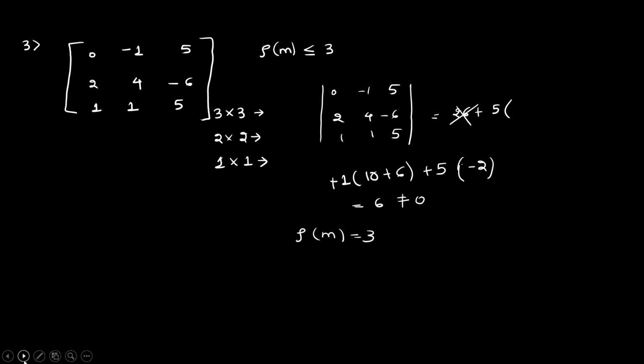Okay, so let's take the next problem. So here we will be taking 5, 3, 0, 1, 2, minus 4, minus 2, minus 4, 8. As this is also a 3 into 3 matrix, the rank of A or M is always less than or equal to 3.